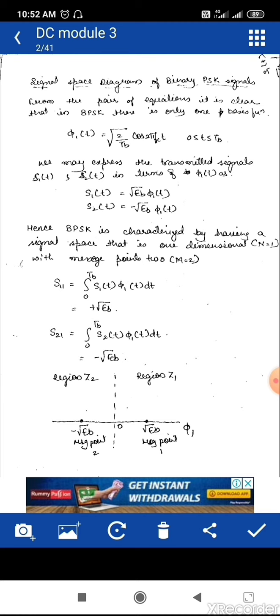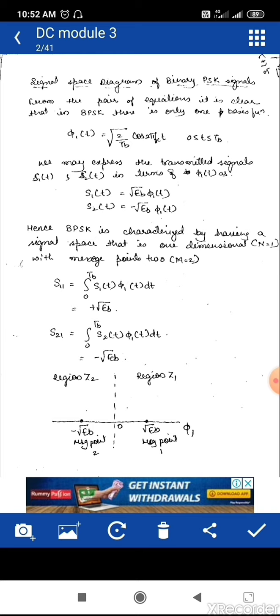As you all know, Si of t is equal to the summation of Sij into phi j of t. So here we can write S11 is root EB and S21 is minus root EB. So here it is represented in terms of basis functions. The signal space diagram is shown here.